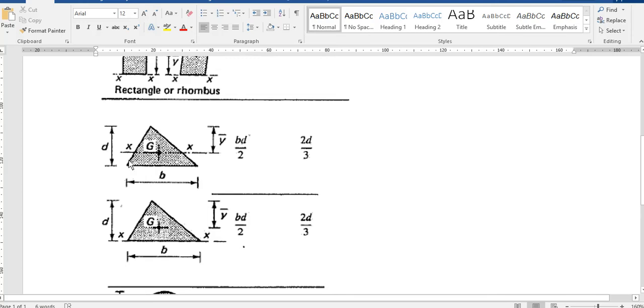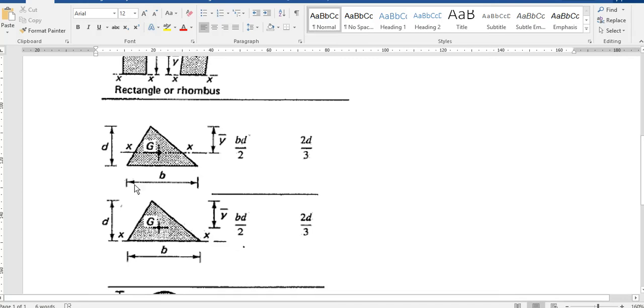There's my triangle, and that's little d. D is always vertical and B is always horizontal. That stands for breadth and that stands for depth. We never talk about the height of the section, we talk of the depth of the section, how deep it is. The height is the height of a person, but it's the depth of a section.